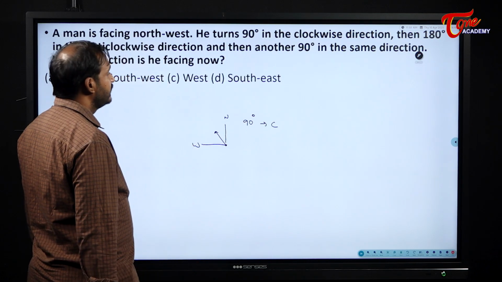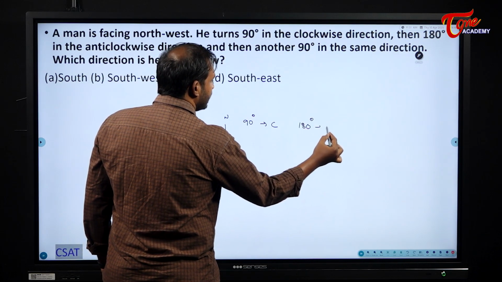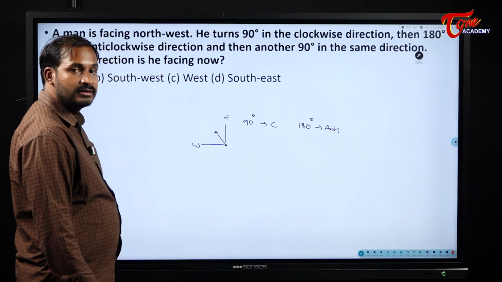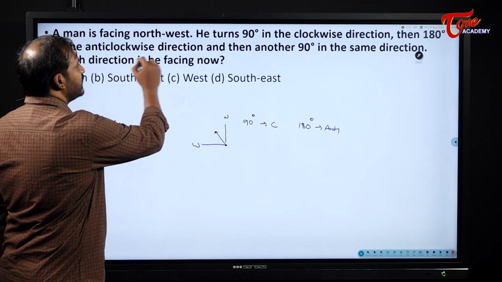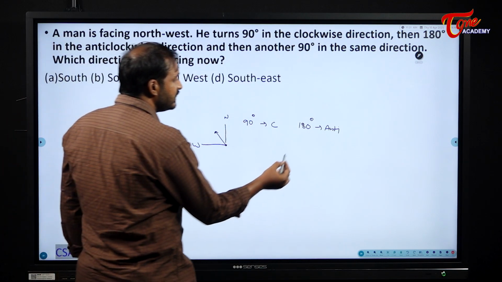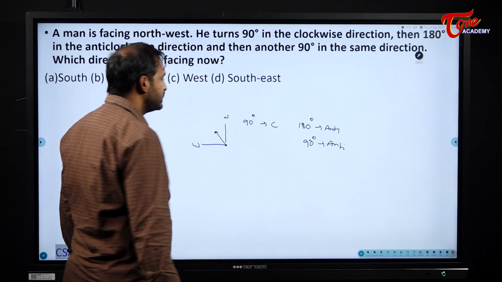Then 180 degrees in anti-clockwise. And then another 90 degrees in the same direction. What does it mean? Previously he has done 180 degrees in anti-clockwise. Now once again 90 degrees in anti-clockwise. Which direction is he facing now?